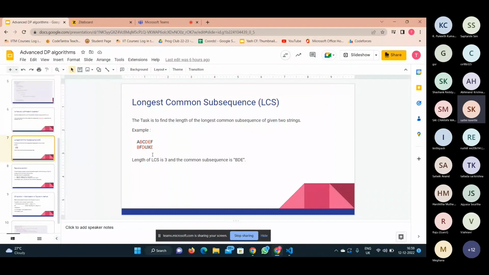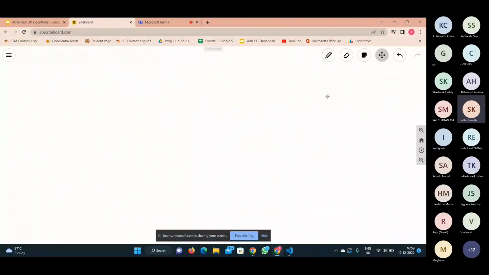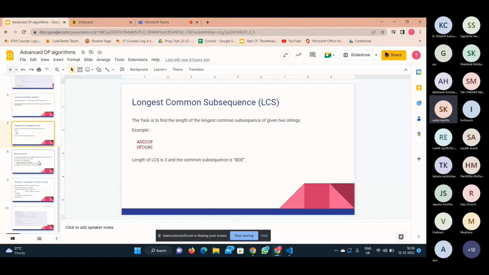So again, we'll start with state, transition, and base case. Yeah, before discussing the DP solution, first we'll see a recursive solution for this problem.